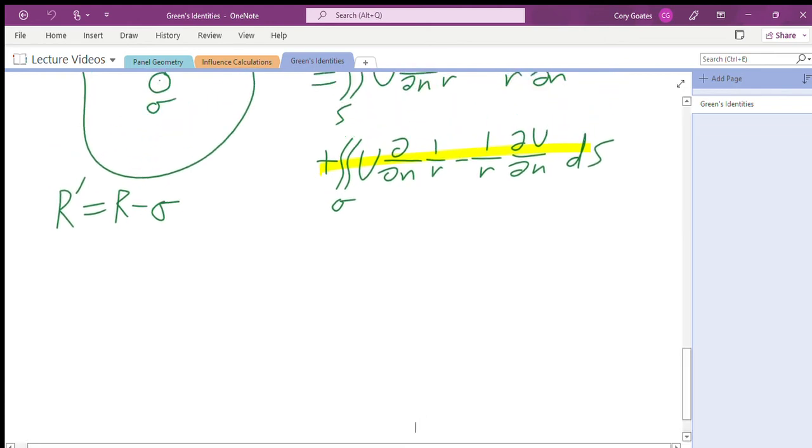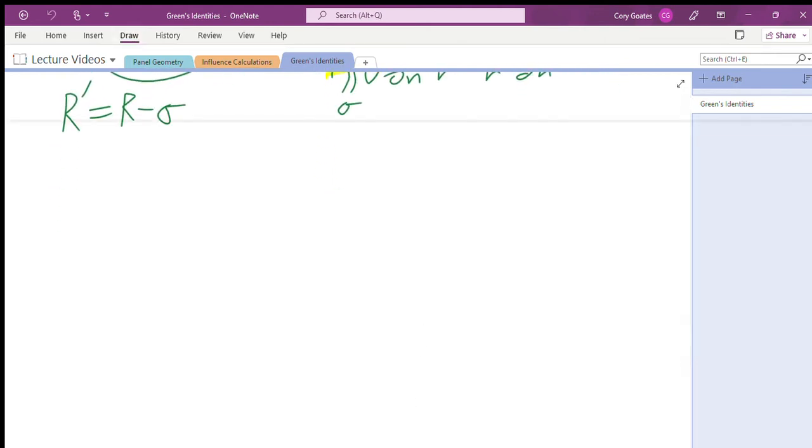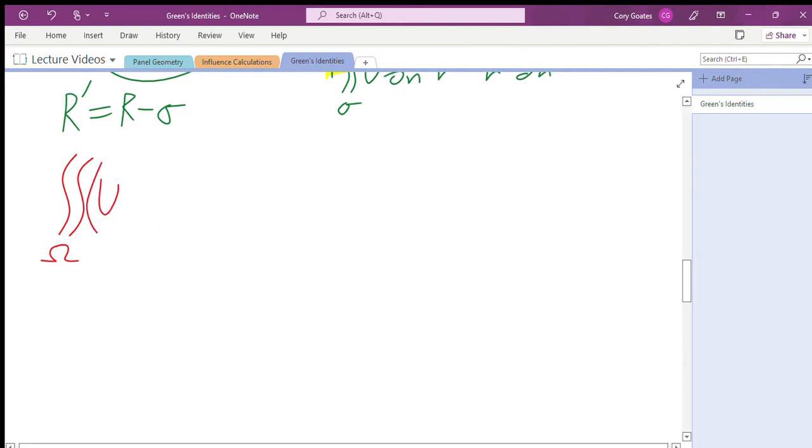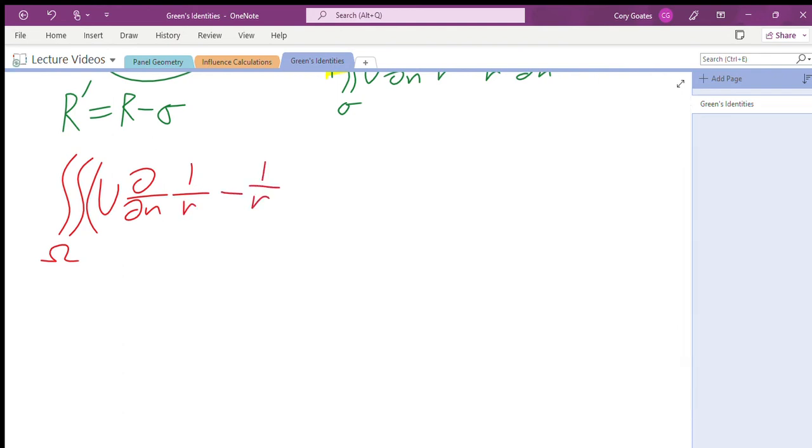So we're going to rewrite this term as the double integral over omega, and again, omega is just sigma expressed in terms of solid angle, of u times partial n 1 over r minus 1 over r partial u partial n.